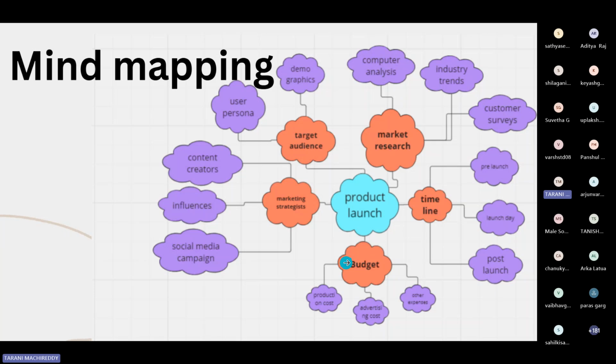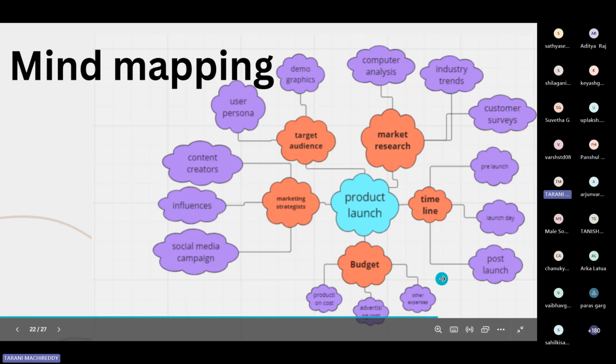For budget, we can see the cost of production, the cost of advertising, etc. For timeline, we can see when to pre-launch, when to give our product to user testing, when to launch, and what happens after launching. And for market research, we can see competitor analysis, industry trends, customer surveys, etc.